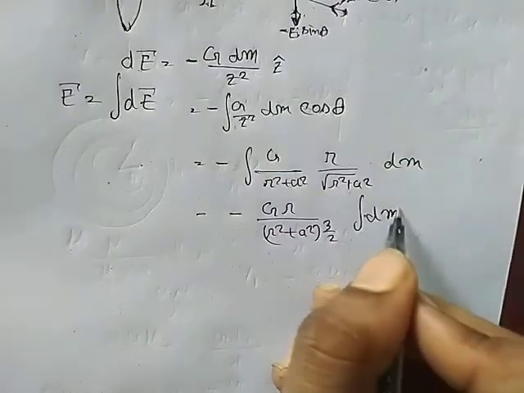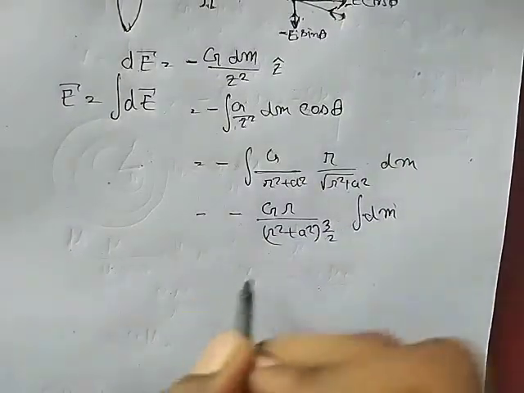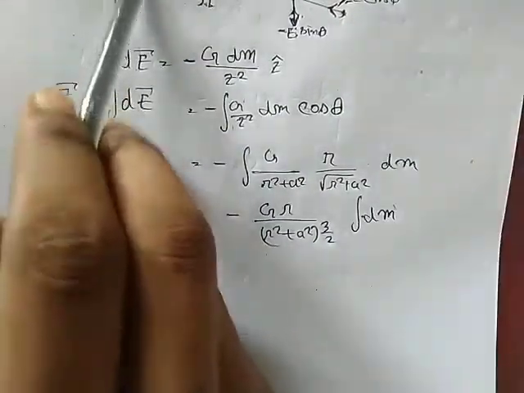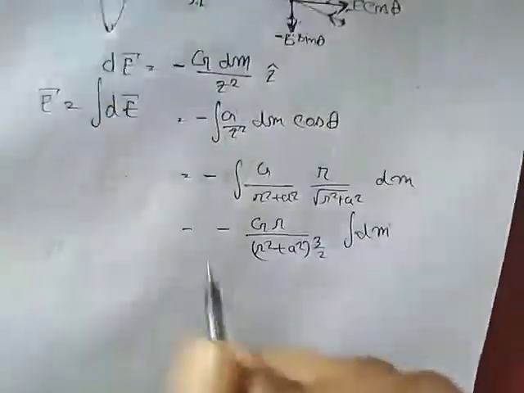If we integrate the whole mass, this becomes capital M, that is the mass of this uniform ring.